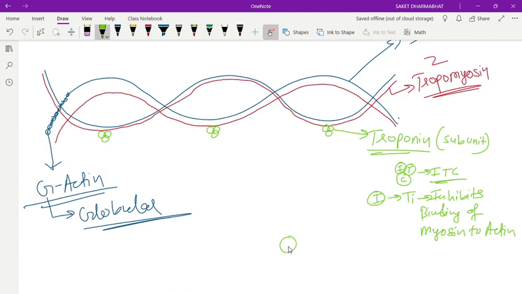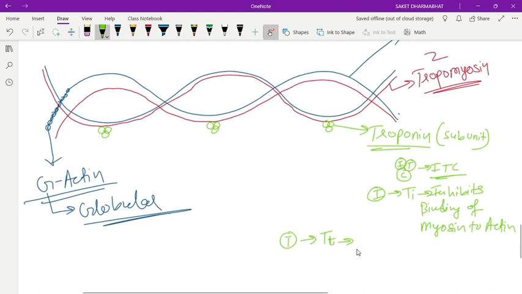Okay, now troponin T. Troponin T binds to tropomyosin. See, this subunit is bound to tropomyosin by what? Troponin T. Okay, and third is what?